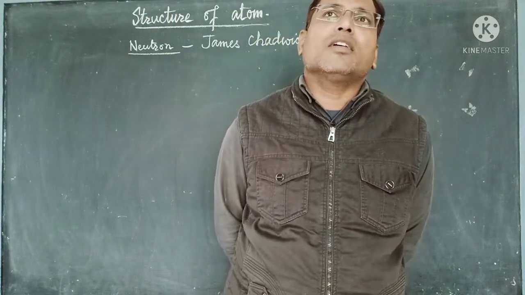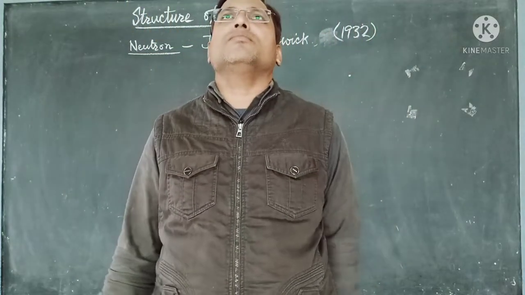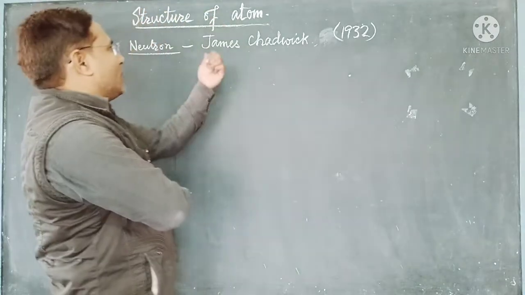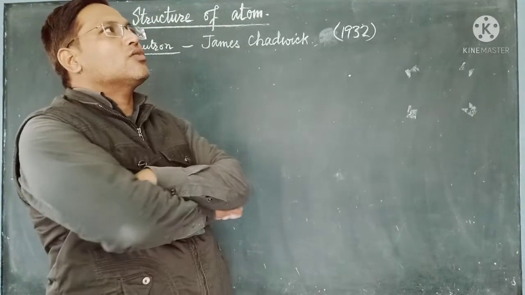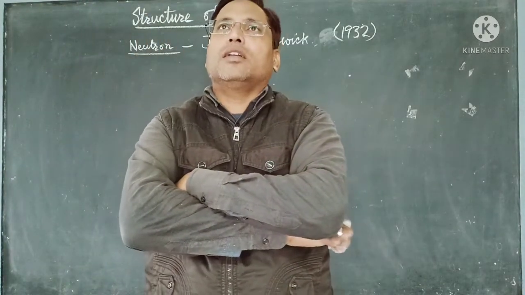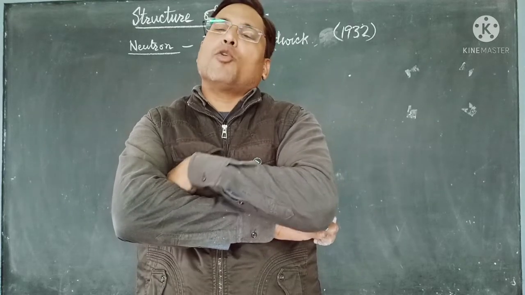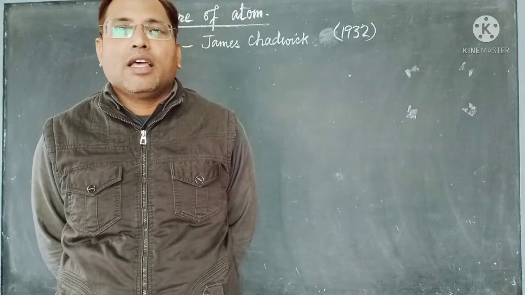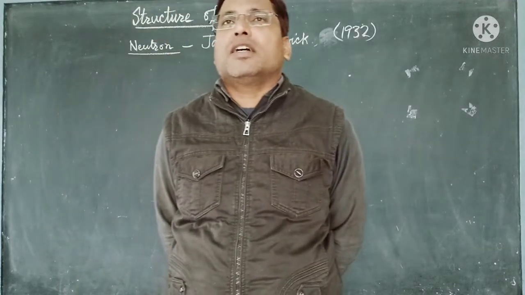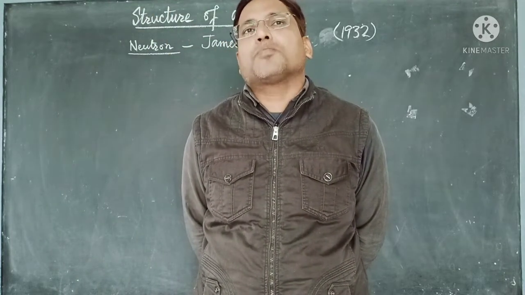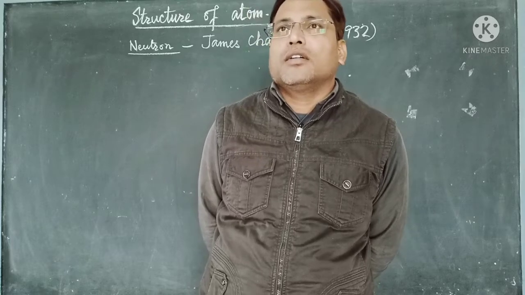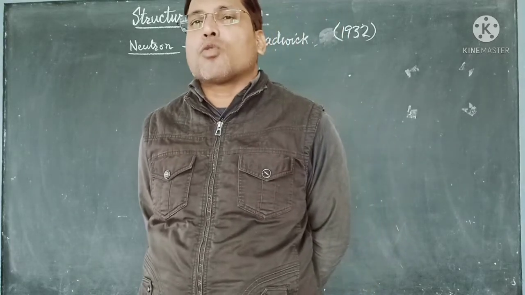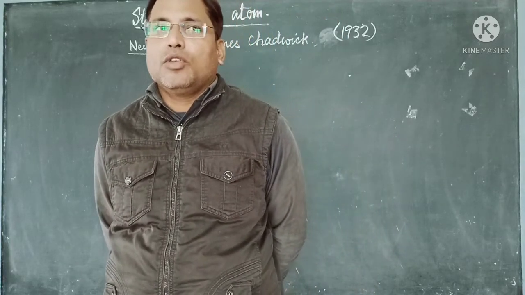So when they deeply studied, James Chadwick came to the conclusion that there is some more particle, a third type of particle in an atom, and that is responsible for the overall or total mass of an atom.